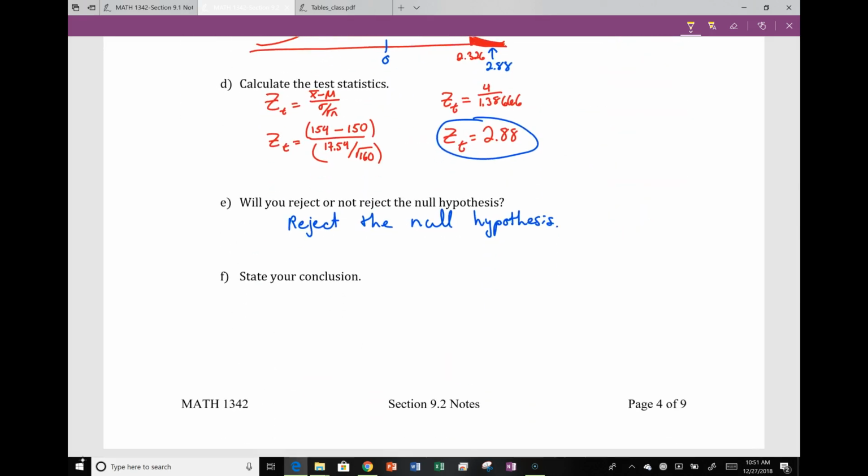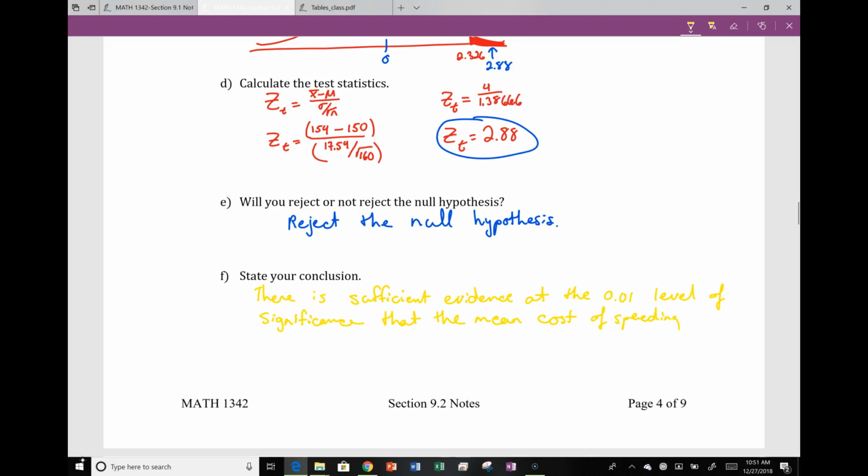So, since we rejected the null hypothesis, there is sufficient evidence at the 0.01 level of significance that the mean cost of speeding tickets has increased.